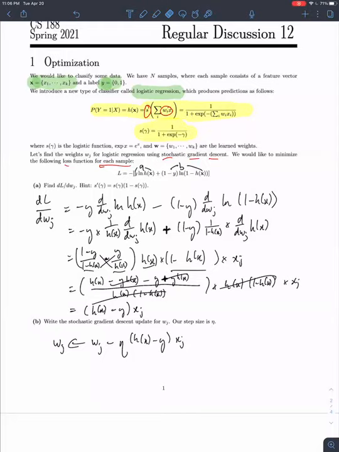If that's large, then increasing w would increase the loss a lot, so decreasing w would decrease the loss a lot. So we want to subtract d loss dw because we want the loss to go down.